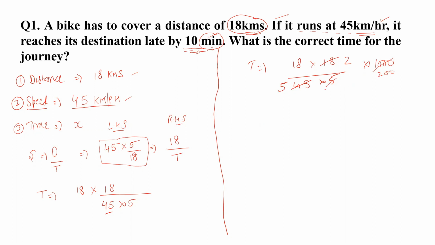Further, if we make the cuts, you can reduce it with the value of 40. This should be your strategy. So your time is equal to 18 multiplied by 2 multiplied by 40.